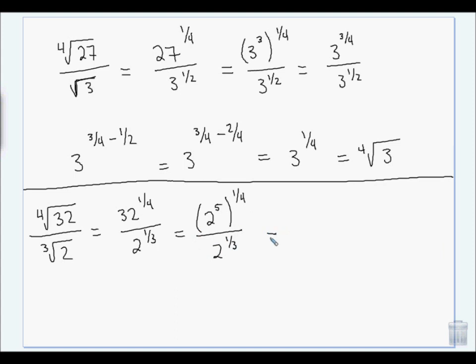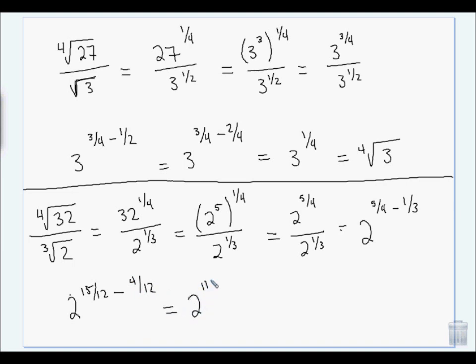Multiply these, and so you get 2 to the 5/4 over 2 to the 1/3. So that's 5/4 minus 1/3. My common denominator between a 4 and a 3 is 12. So that's 2 to the 15 twelfths minus 4 twelfths. So that is 2 to the 11 twelfths, which is the 12th root of 2 to the 11th.